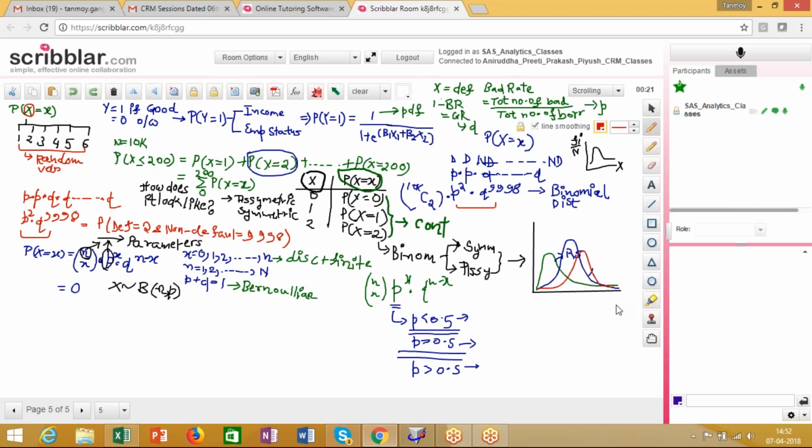So it is the probability of success of a single trial that determines this. This is how the skewness of a binomial distribution is affected by the probability of success.